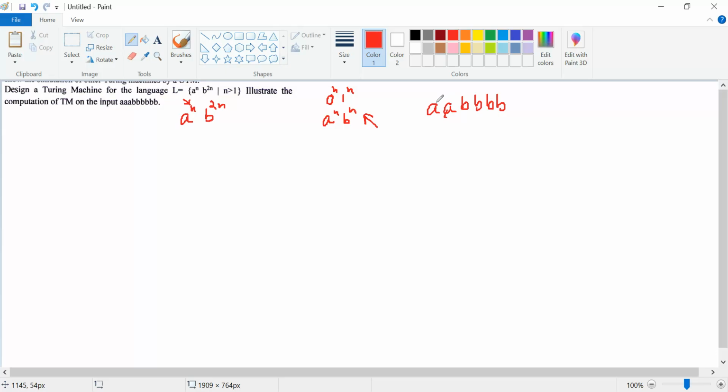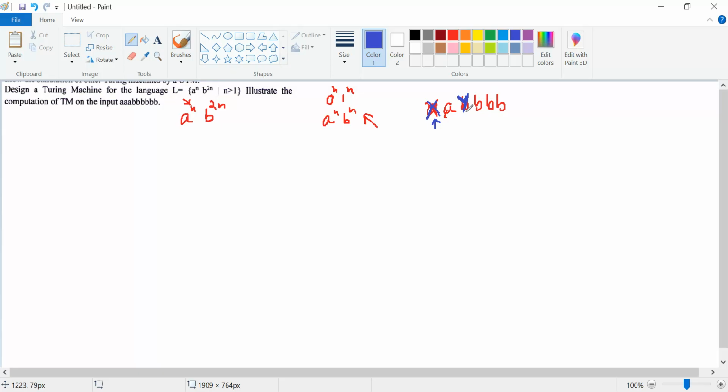like previously, what we did is we crossed off one A, and then we moved right, and when we found a B, we replaced it with Y, right? So that's what we did for the quiz. Now here we have to have two B's for each A. So for each A that I find, I need to find two matching B's.